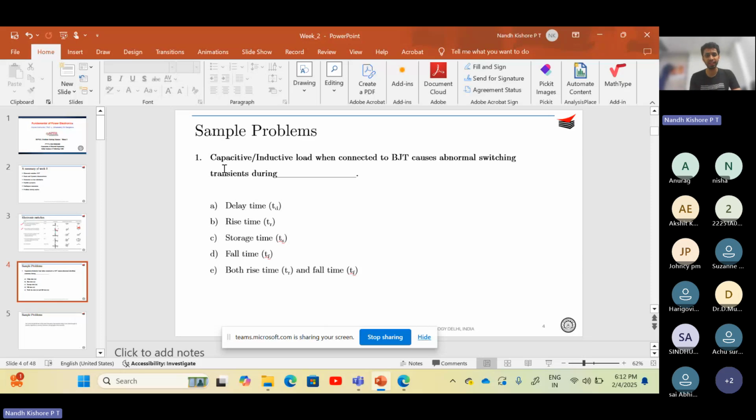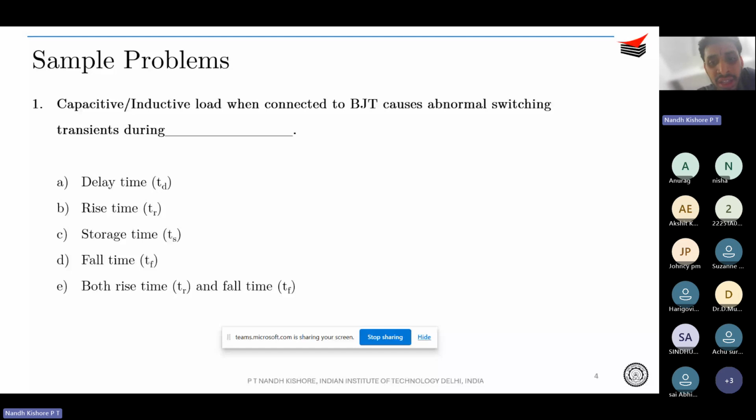Of course, you can understand that in steady state, the capacitor is going to behave as a... okay, so let me go to full screen again. You understand that in steady state a capacitor behaves as an open circuit, right?